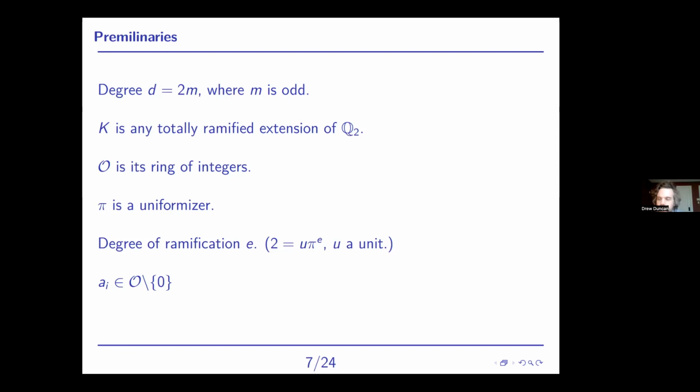The degree of ramification we'll call E. That is to say that 2 is represented using this uniformizer as pi to the power of E times some unit. And we can assume without loss of generality that all of the coefficients belong to this ring of integers and are non-zero.